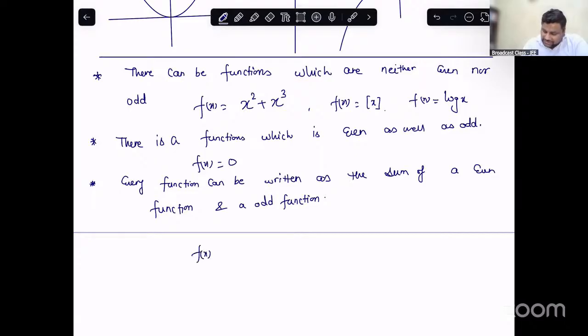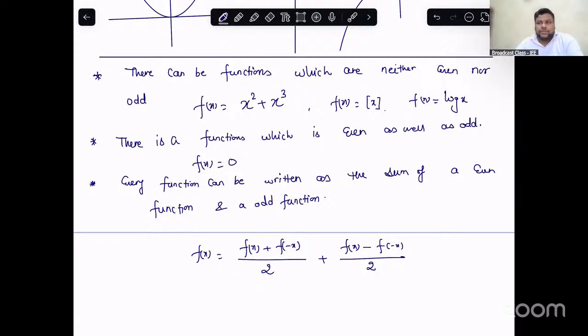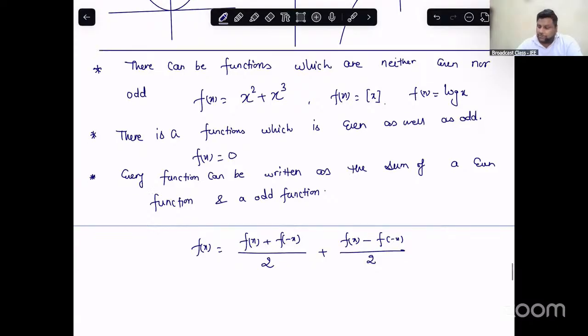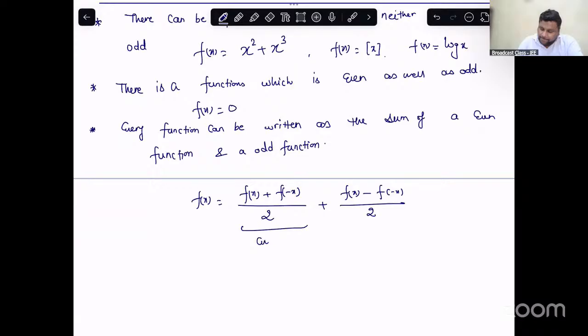That is, fx can be written as fx plus f of minus x upon 2, plus fx minus f of minus x upon 2. Understood? So fx plus f of minus x upon 2 is its even part, and fx minus f of minus x upon 2 is the odd part. But yes, there is a condition that minus x should also be in the domain of the function.